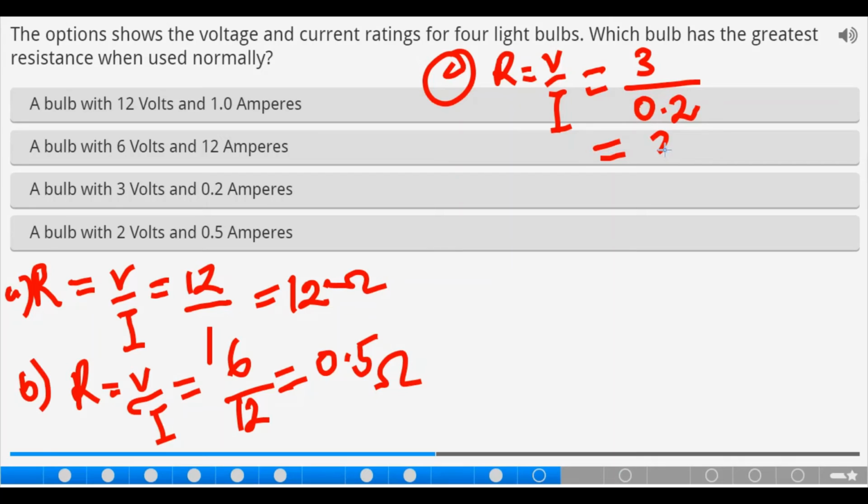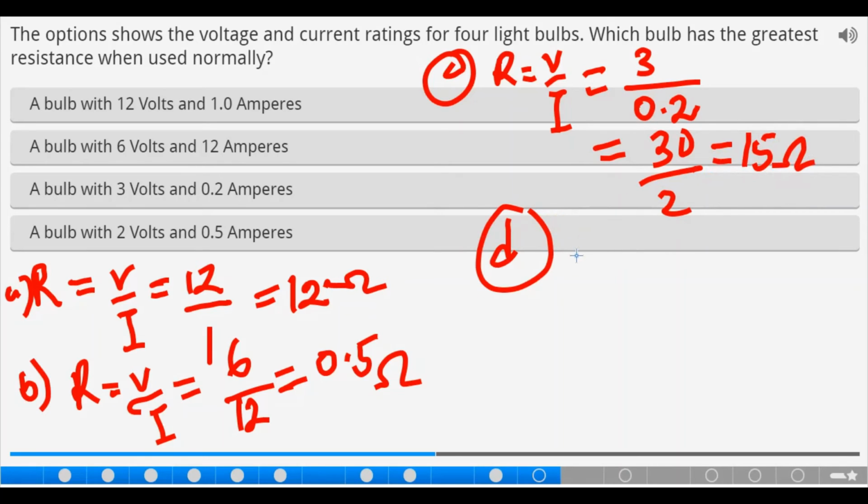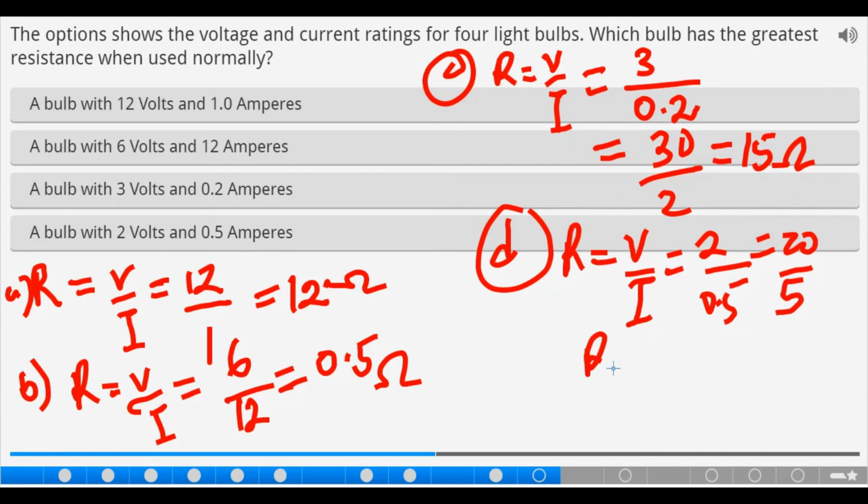Now let's write out the 30 over what? 2. That's 15 ohms. I think that's larger. Now let's check for the third one. We still have V over I. That is 2 over 0.5. More like 20 over 5. R is what?